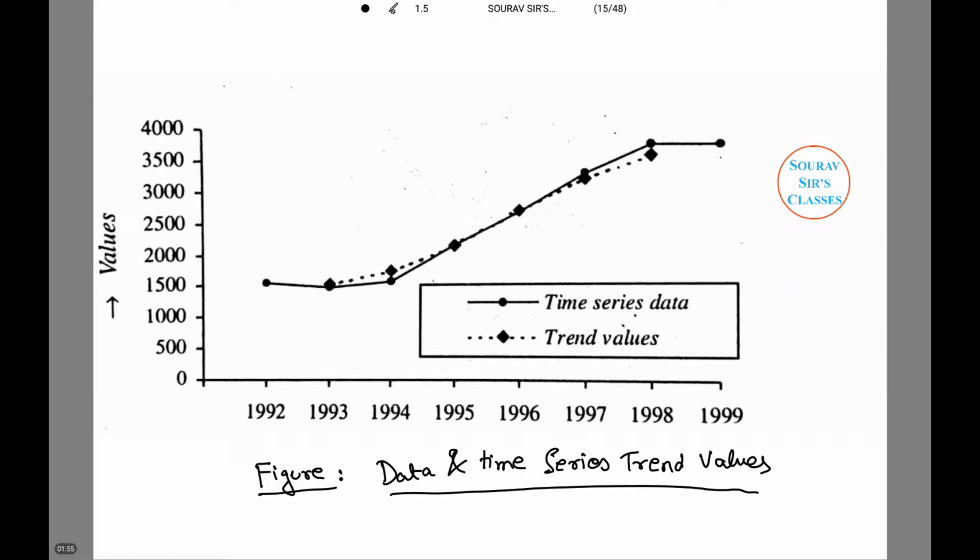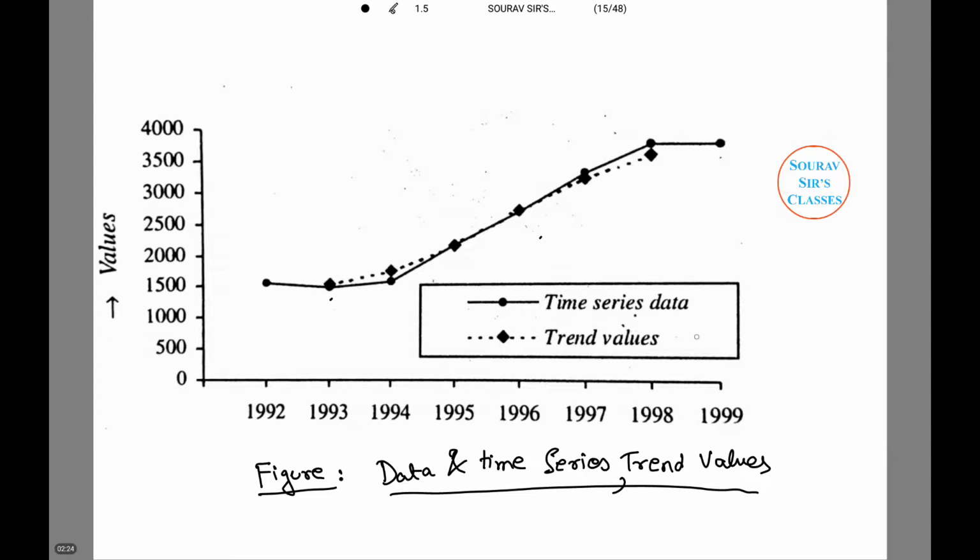This is the data when plotted together with the time series and the trend values. First, we plot the data that is given to us. The circles represent these. With that, we get the time series data. Now, the 3-year moving total that we had calculated, then divided by 3 to get the trend values, we plot along the same graph.